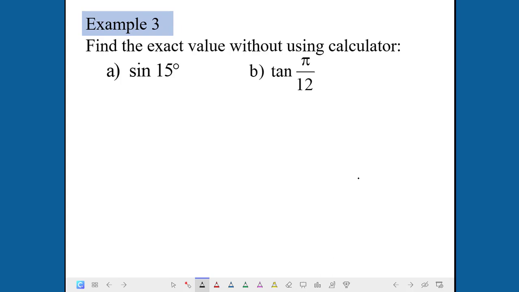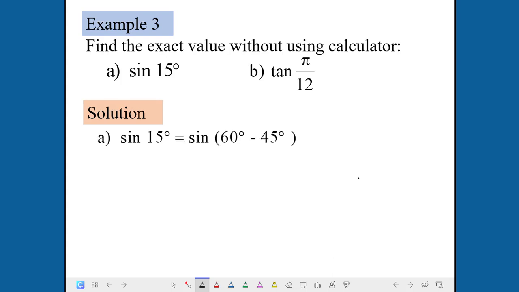Example 3. Find the exact value without using a calculator. Sin 15. Without using a calculator means that now we are going to use compound angle to solve this. For compound angle, you have sin(A plus B) or sin(A minus B).